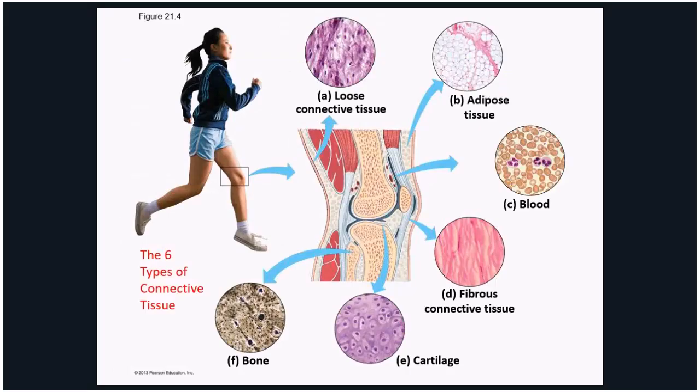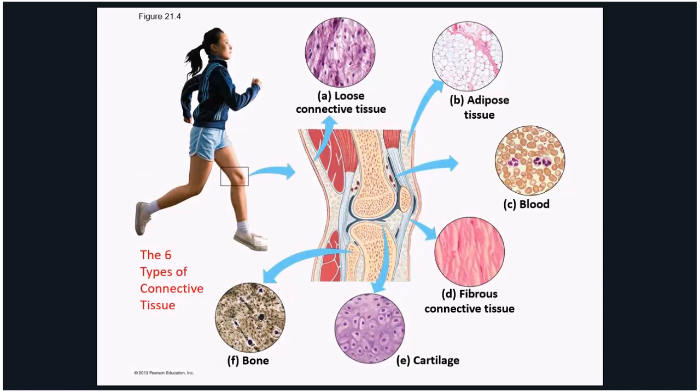So unfortunately for your studying, there are actually 6 different types of this one tissue. Not everyone realizes that something like blood and bone are actually considered tissues, but all of these are types of connective tissues. The first one is loose connective tissue.